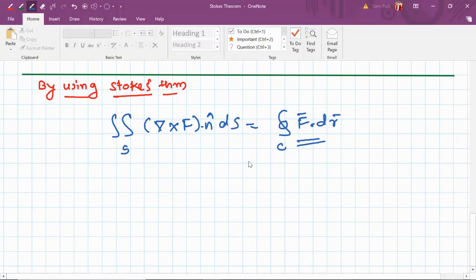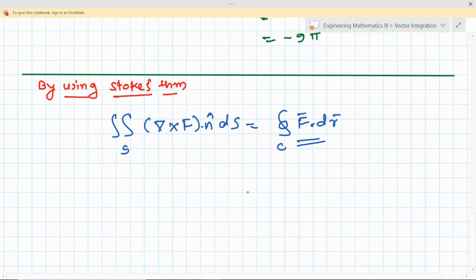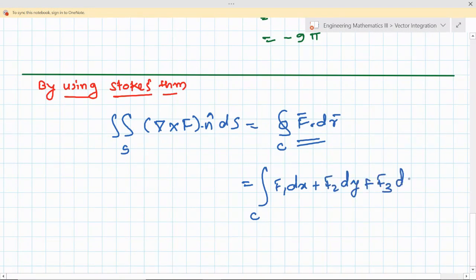This is f1 dx plus f2 dy plus f3 dz. So this is the integration over C of f1 dx plus f2 dy plus f3 dz.